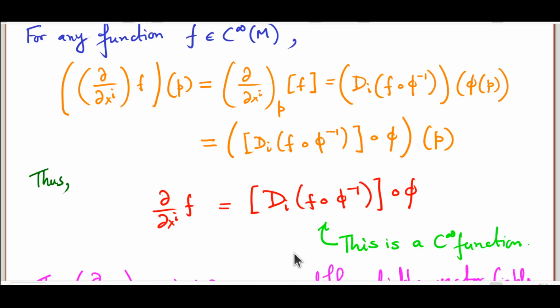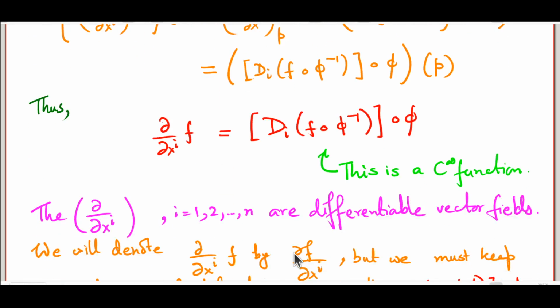And note that this is a composition of two smooth functions. F composite phi inverse has arbitrary partial derivatives because that is what f being smooth means. And not only that, its partial derivatives are also C infinity functions. Phi is by default a C infinity function by definition. And so this is actually a smooth function.